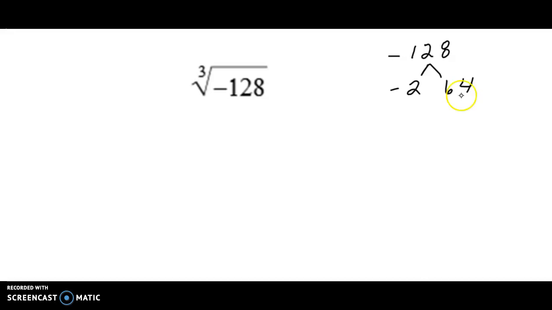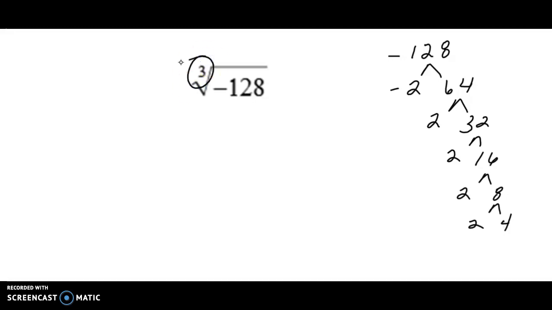Now 64 is even, so we're going to keep dividing that. 2 and 32, 2 and 16, 2 and 8, and 2 and 4. Okay, so we are taking a cube root.